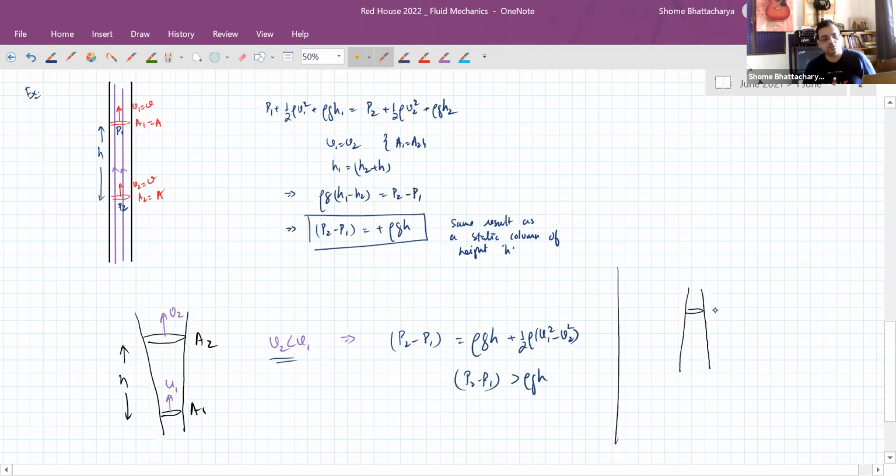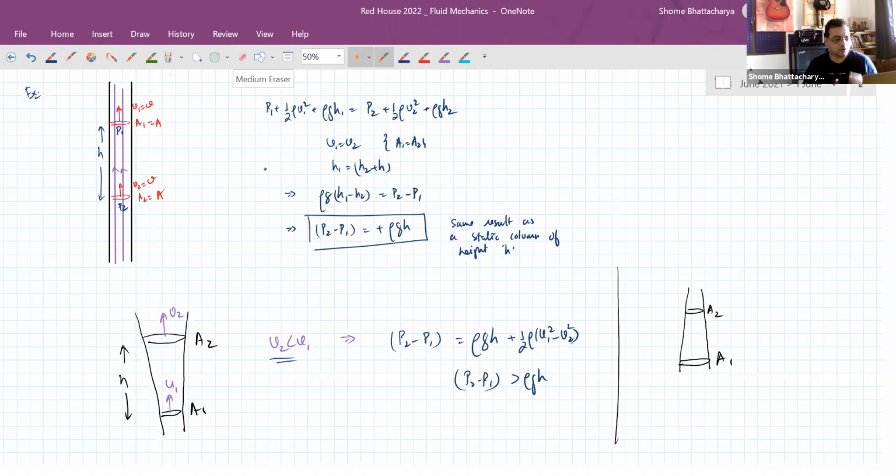The above point is of smaller area and the lower point is of larger area. Wait, I should just wait a minute. I think I've got this one wrong. Speed is decreasing as it's going up. So this should be reverse.